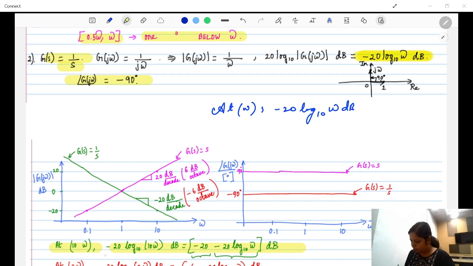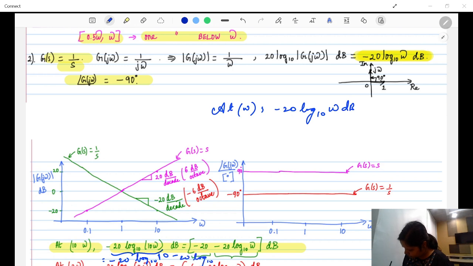At 10 omega, it would be minus 20 log 10 omega, right? If you try to break it, what you would get is minus 20 log 10 minus 20 log omega. I hope this is very clear how this is done.